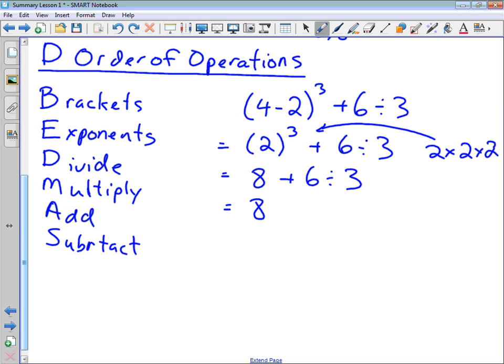And then I do my division next. And finally my addition or subtraction. And put a box around the final answer. And I might remind myself over here, making another connection, that I should use my integer rules.